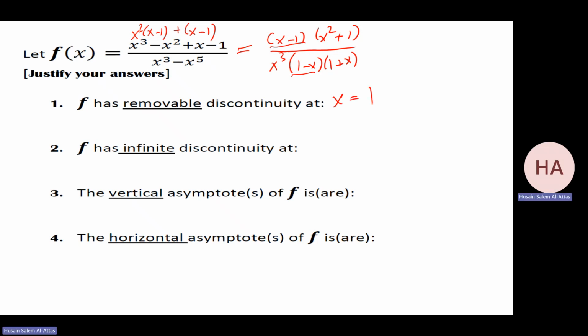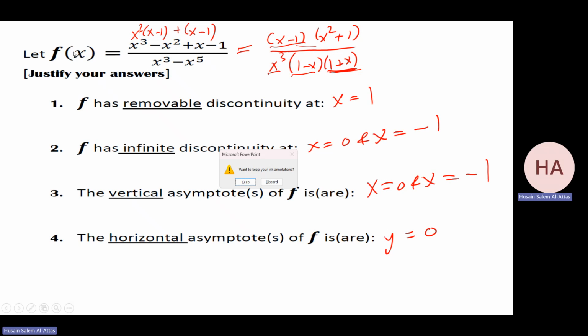Infinite discontinuity, we have at 0 and minus 1. Very sure this will go to 0, and this will go to a number. Vertical asymptotes, x equals 0 and x equals minus 1. This will go to 0, this will be a number. Horizontal asymptote, y equals 0. This is degree 3 over degree 5. Yeah, I think I will stop here.